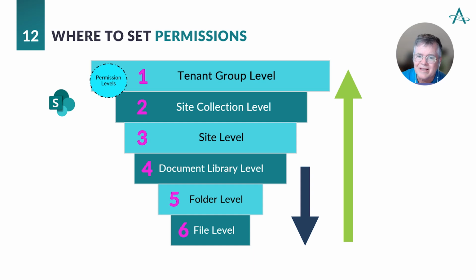Usually it's at the site level or the document level, because the collection level and tenant group level are good too, and a lot of people use those, but as you get down, you get more granular in being able to set them. So that's what we're going to focus on today: the site level and below. Site level, document level, folder level, and file level. But just keep in mind that the higher you go in this hierarchy, the better for setting permissions.